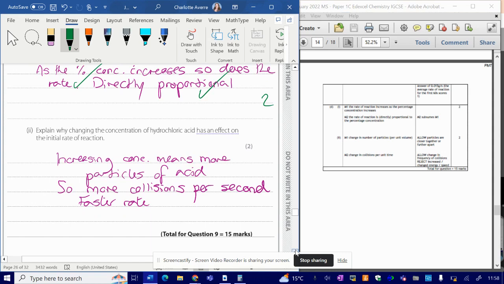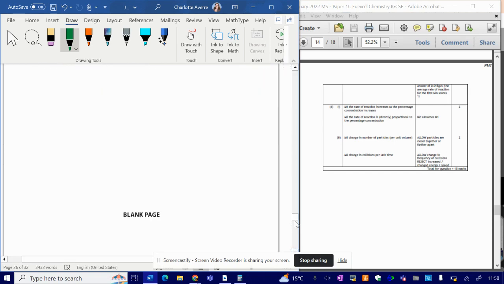So you get both marks if you said directly proportional. Increased concentration means there are more particles of acid. Yes, it changes the particles of acid and therefore changes the number of collisions per unit time. All fine.